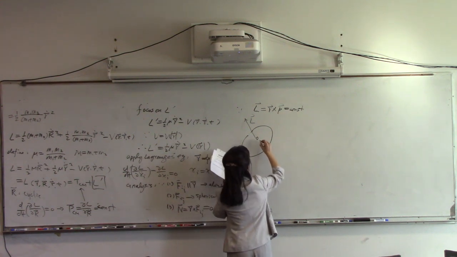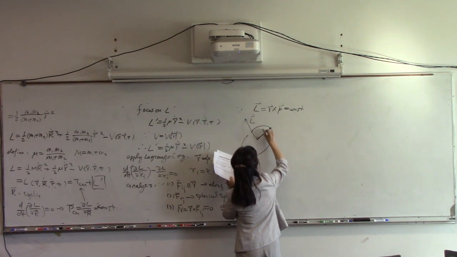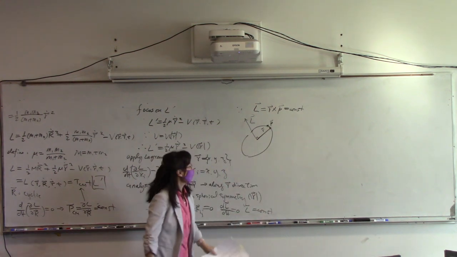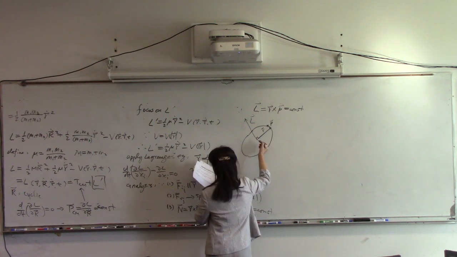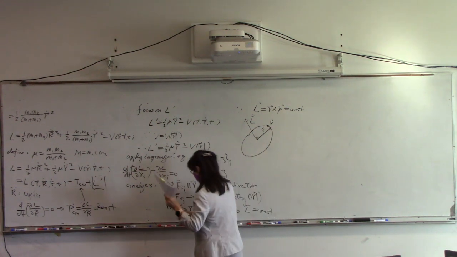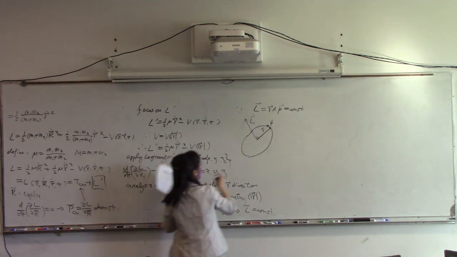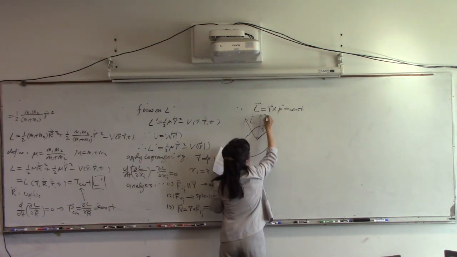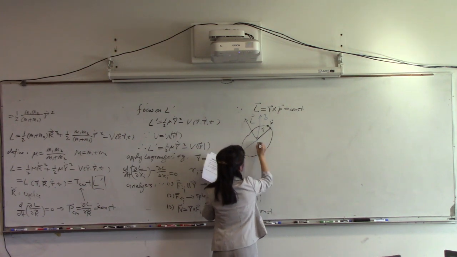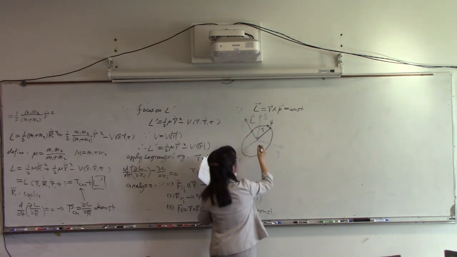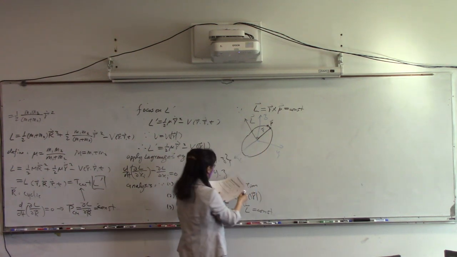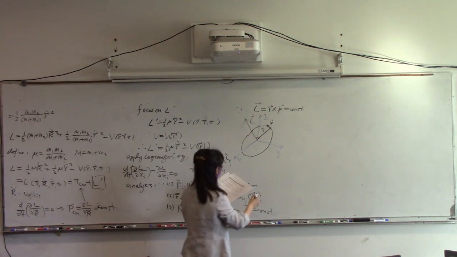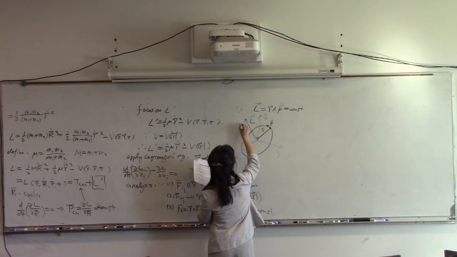Now here, that is r, and if p is here, and this L is a constant, then if you select arbitrary coordinates, suppose this is z, this is x, this is y, and this is n hat.